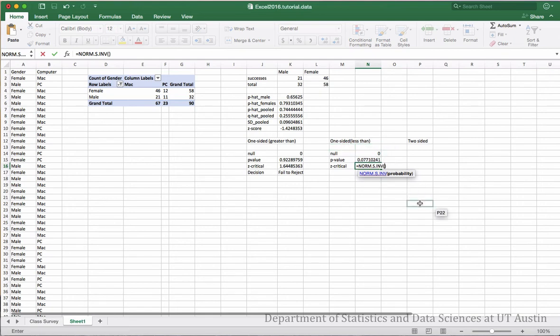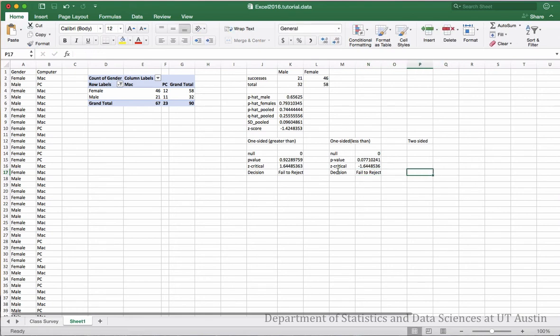This will give us the z-score that bounds the lower 5% of the distribution, negative 1.645. And again, comparing our z-score of negative 1.42, that does not exceed the z-critical of negative 1.645. So our decision for this particular test would be fail to reject.